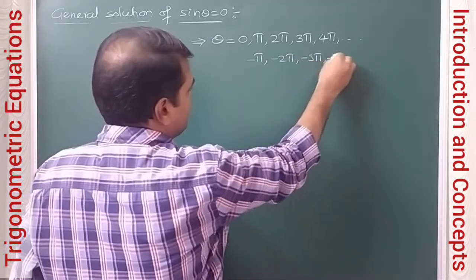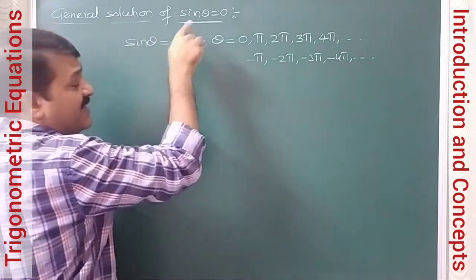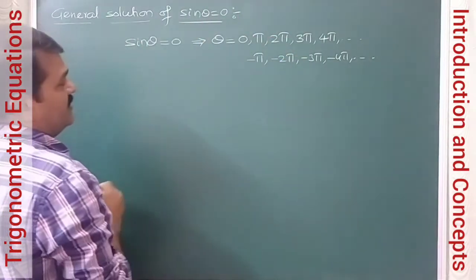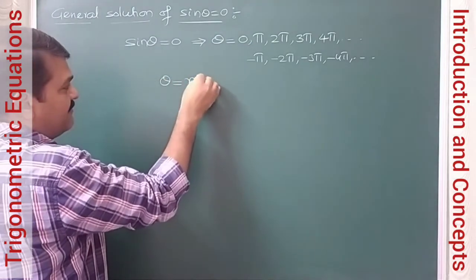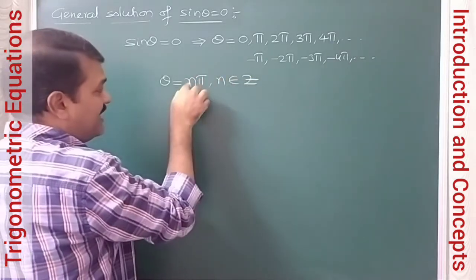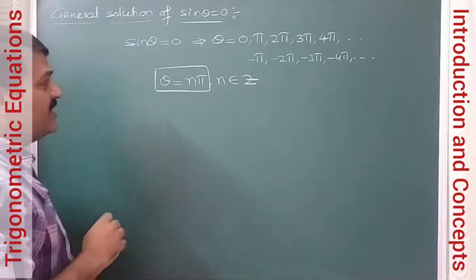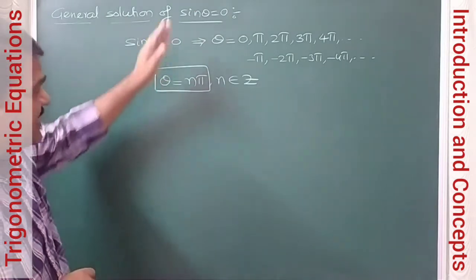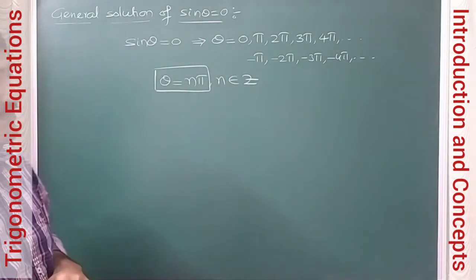So sin theta 0 is satisfied for any integral multiple of pi. Therefore, theta is equal to n pi, where n is an integer, any multiple of pi. So this is the general solution for sin theta is equal to 0. Whenever sin theta is 0, theta must be a multiple of pi, you have to remember.